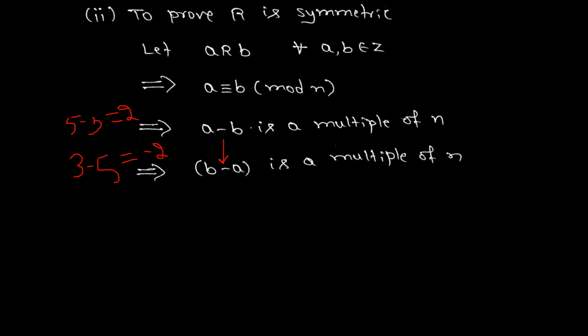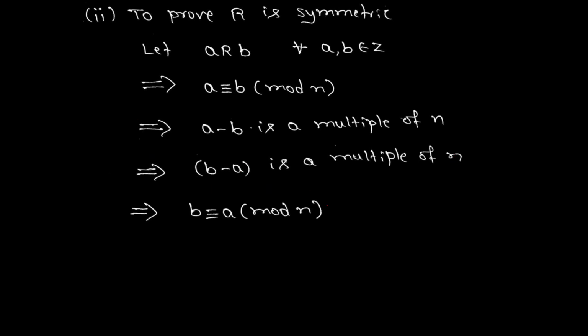Now when b minus a is a multiple of n, we can say b is congruent to a under mod n. Now what our relation says, whenever b is congruent to a under mod n, we can write b is related to a.